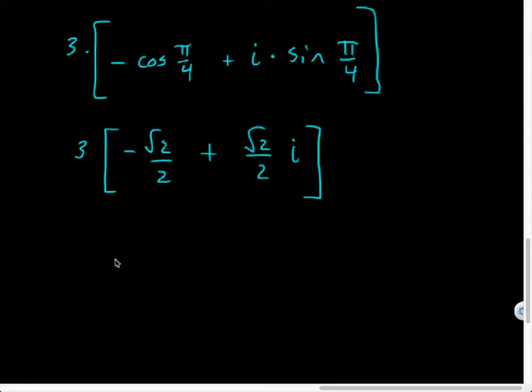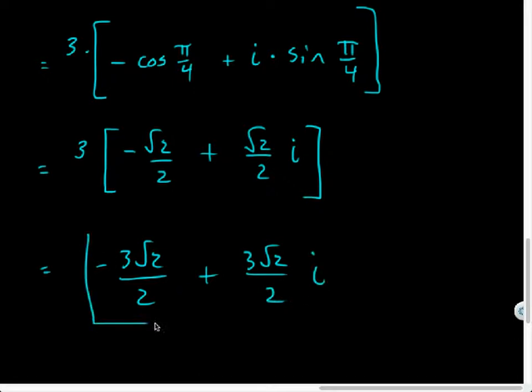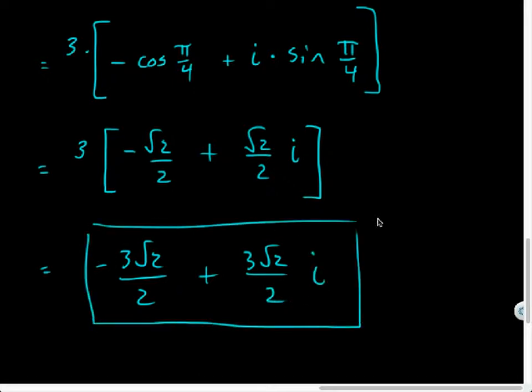And so it looks like my end result is going to be negative 3 roots of 2 over 2 plus 3 roots of 2 over 2i. So now this is in my rectangular form, the a plus bi form, so to speak, where this is my real part, this is my imaginary part.